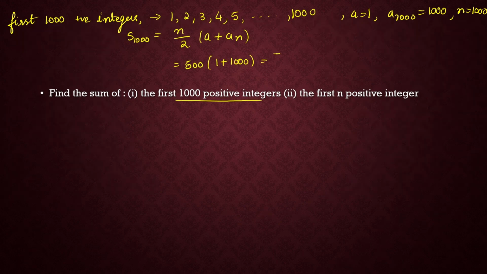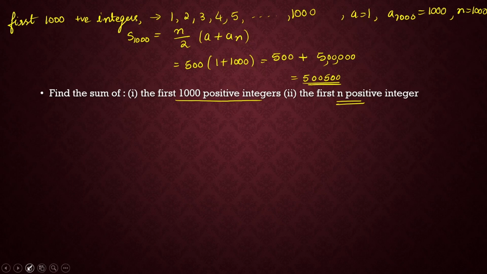So that is equal to 500 plus 500,000, 5 lakh. So the total answer is going to be 5 lakh 500. So this is the sum of the first 1000 positive integers.